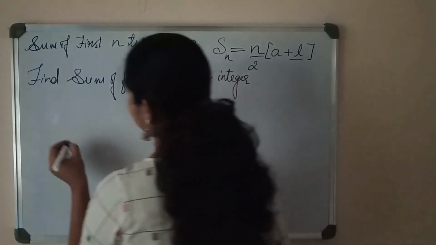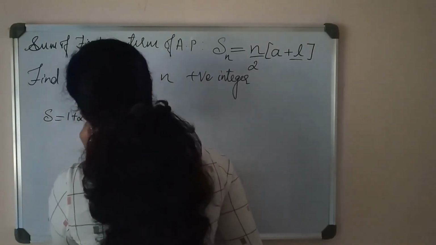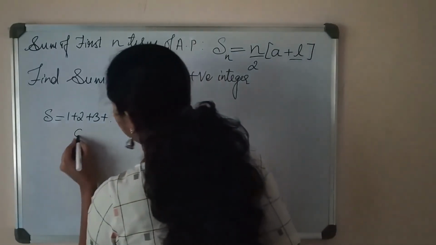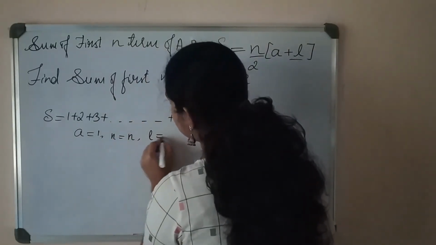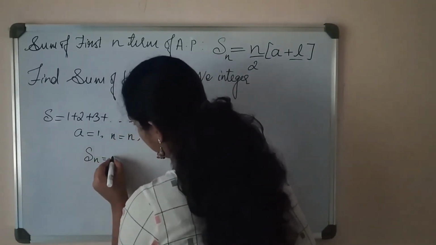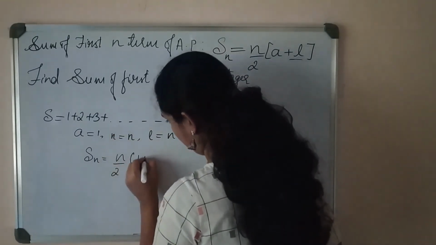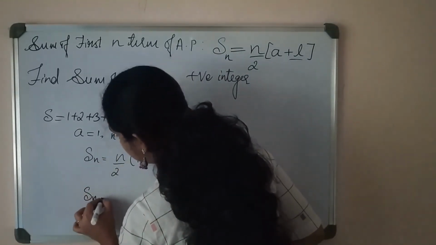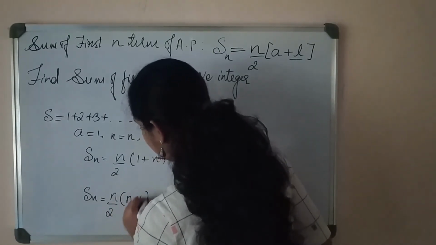For that, S is equal to, first represent the series. Now, what is A? A is 1, N is N, L is N, the last term is L. Now if I substitute in the formula, Sn is equal to N by 2, A will be 1, and the last term again will be N. Therefore, Sn is equal to N by 2 into N plus 1.